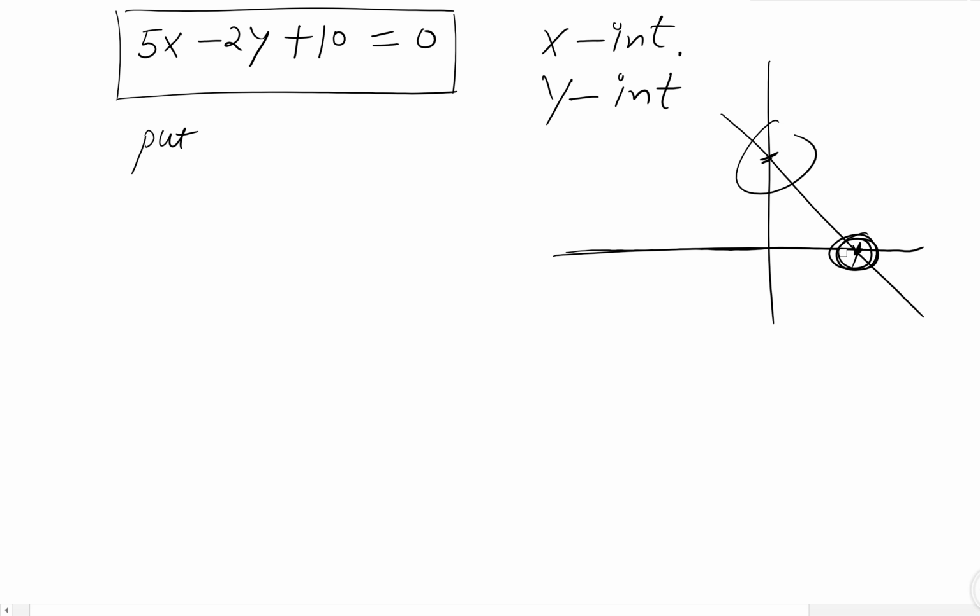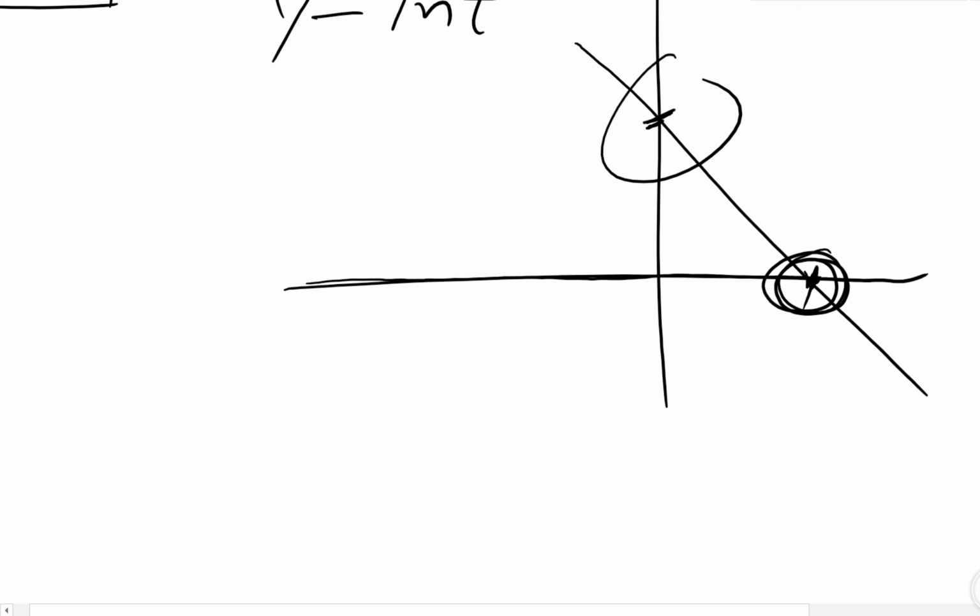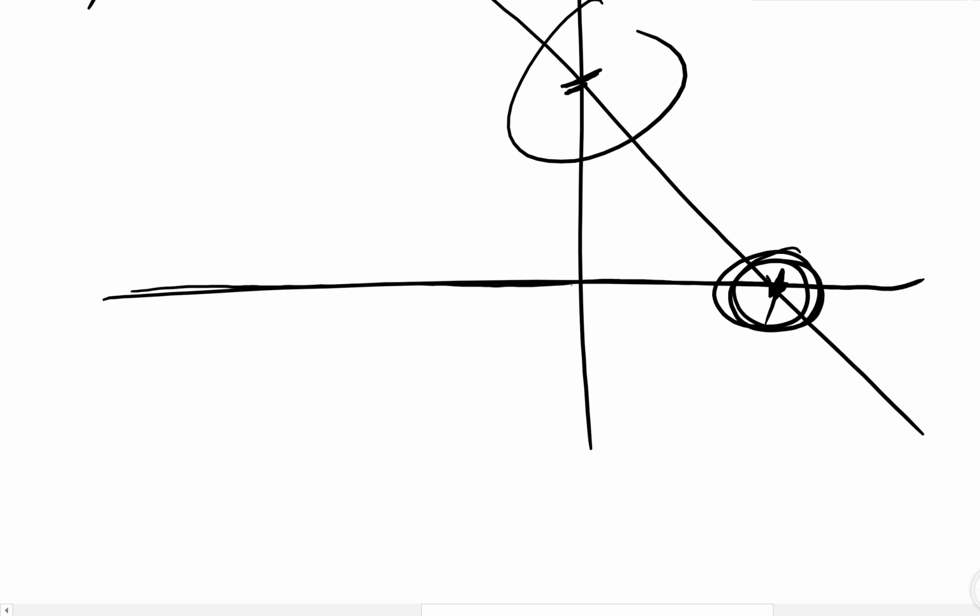What is the y coordinate on this line? 0. Yes, very good. So the y coordinate is gonna be 0 on the x-axis. So in order to find this point, you put y equals 0. Good. Let me erase this mess.